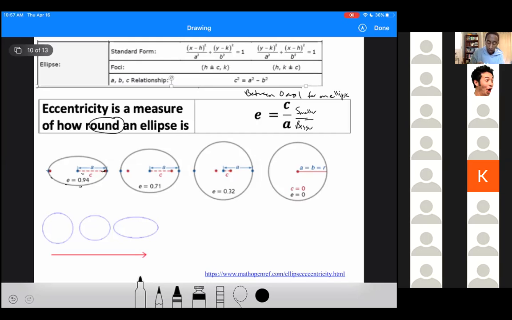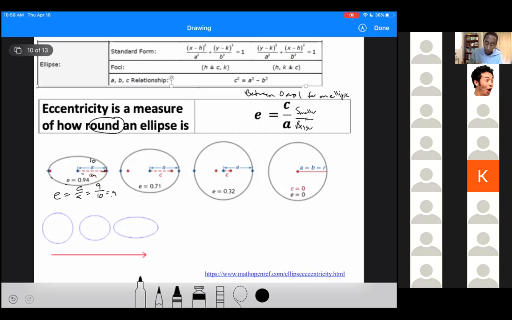So let's just say that a's distance was 10 and c's distance was 9. If eccentricity is c over a, then it would be 9 over 10, which would be 0.9, right? Which would be closer to 1 because c is bigger and closer to a. So that makes the fraction closer to 1.